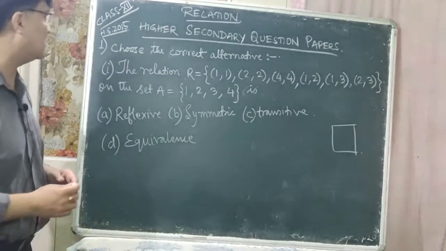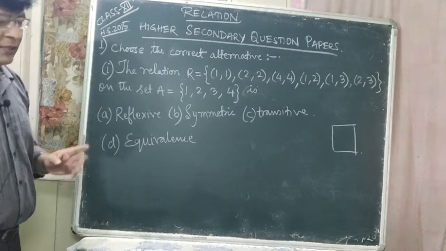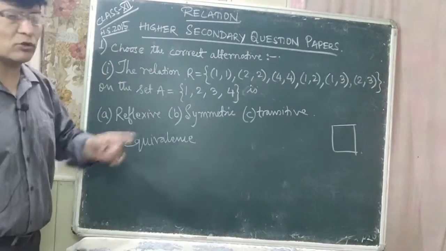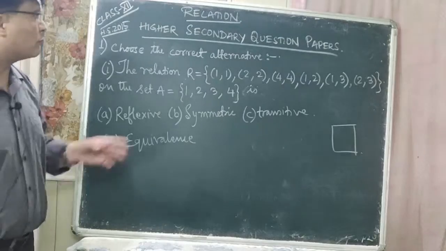Okay, let's start it. Now this question is from HS 2015, question number 1. Choose the correct alternative. This question is from the objective type of questions.